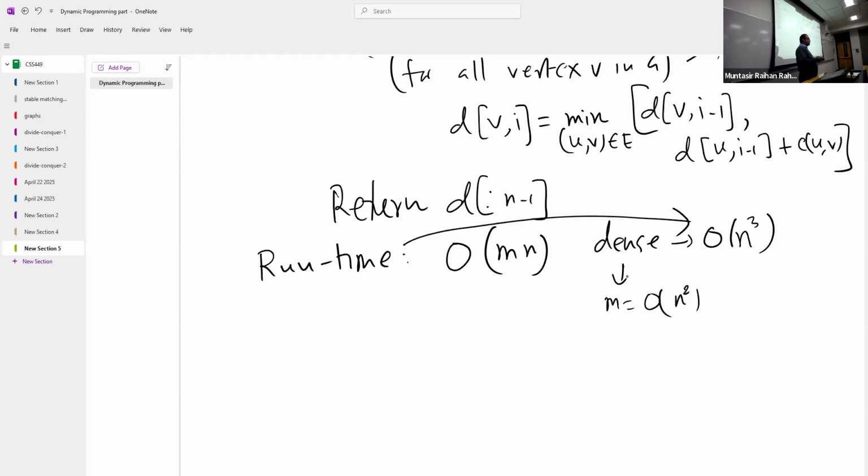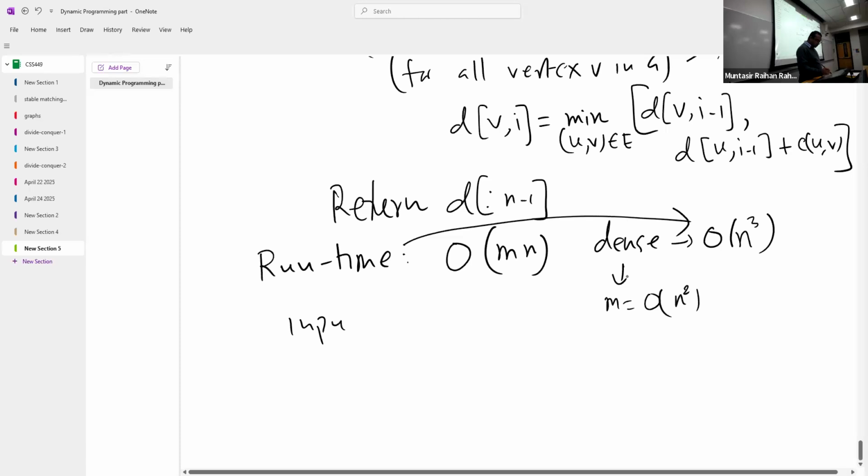Because every linked list has size the degree of that vertex, and you have to do that for every vertex. So the sum of degrees is 2 times m. So with an adjacency list, it's still proportional to the number of edges, which is n squared for a dense graph. So your input size is actually n squared, not n, for a graph, because that's the amount of space you need.